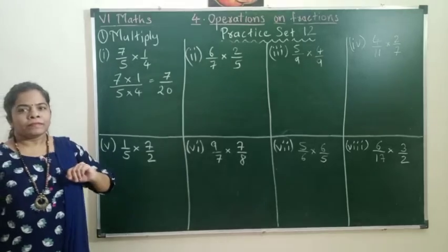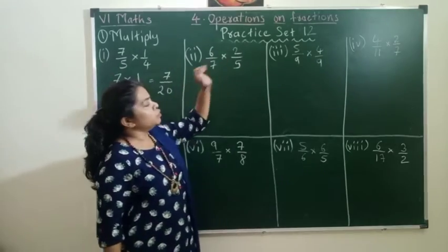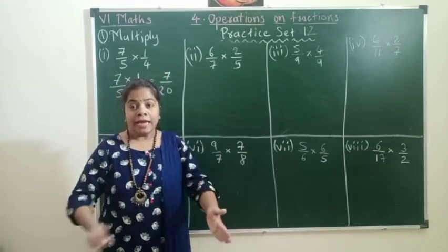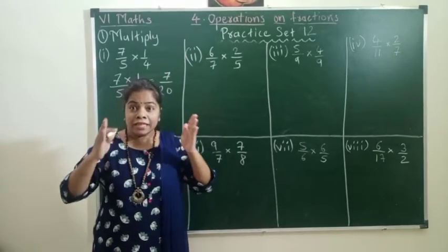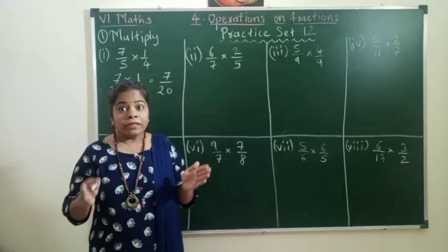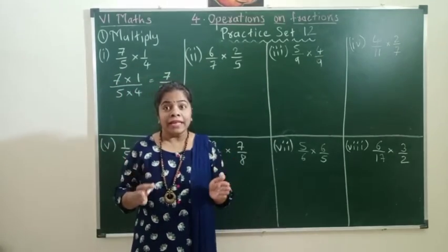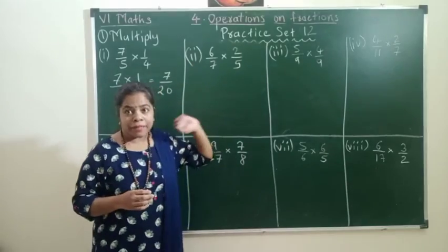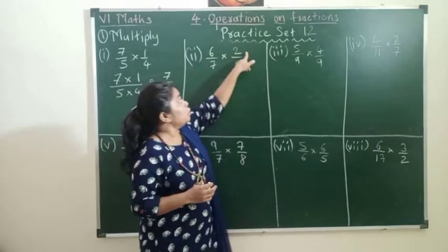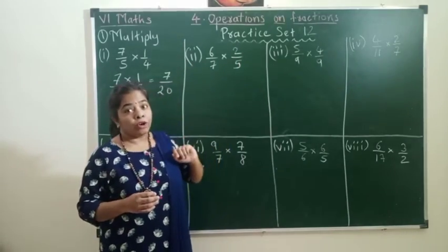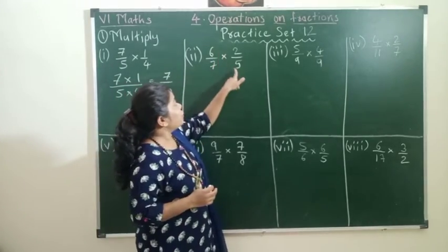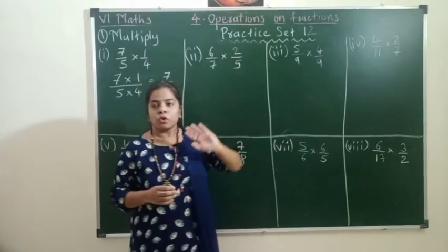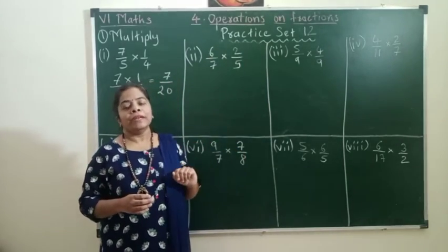Next one, 6 upon 7 into 2 upon 5. In this also see straight ways and see crossways. See in all four ways whether the numbers are coming in any common table or not. 6 and 7 do not come in any common table. 2 and 5 do not. 6 and 5 do not. 7 and 2 also do not come in any common table.